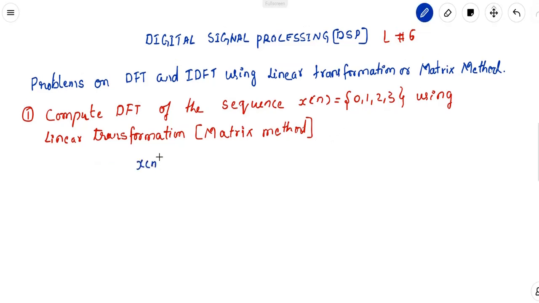So x of n is given as 0, 1, 2, 3. That means N is equal to 4, so it is a 4 point DFT.